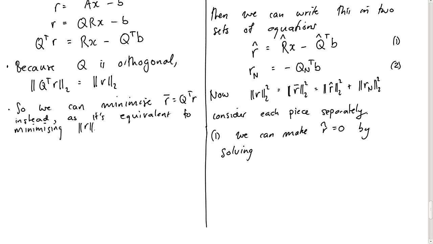Because we can solve capital R hat x equals Q hat transpose b. And I'm assuming throughout this lecture that our matrix A is full rank, so this system can be solved.